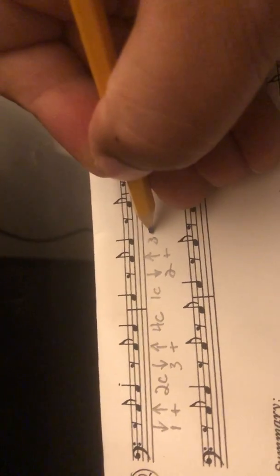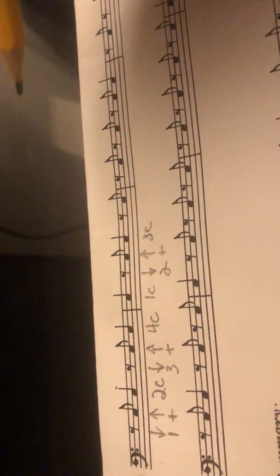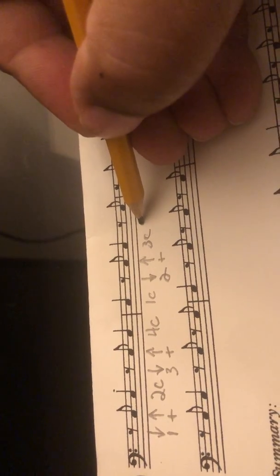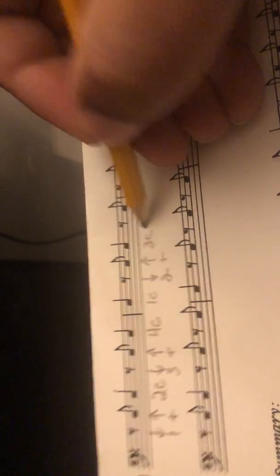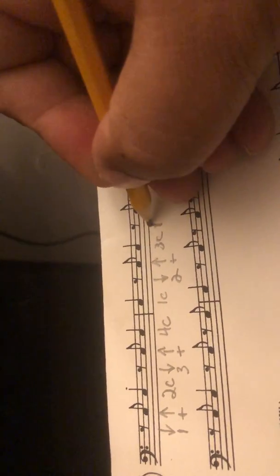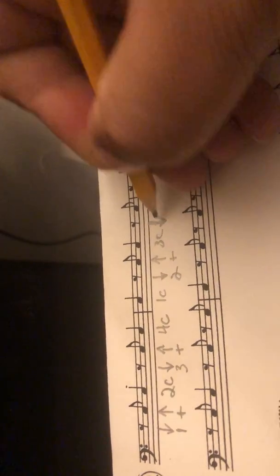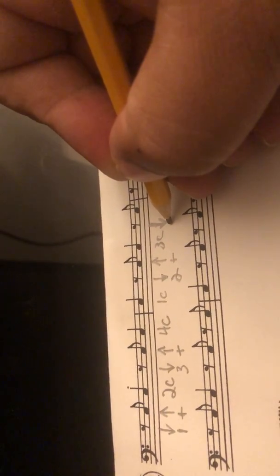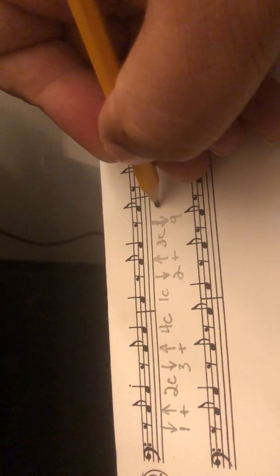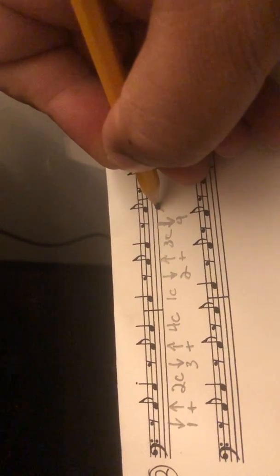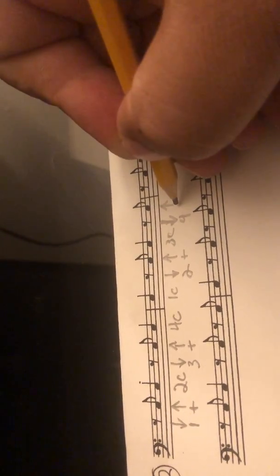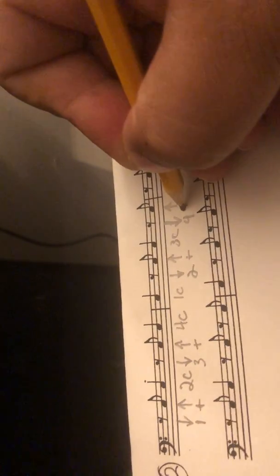That takes up all of the count of 3. And then I have an eighth rest on the downbeat of 4. And then an upbeat with an eighth note on the upbeat of 4.